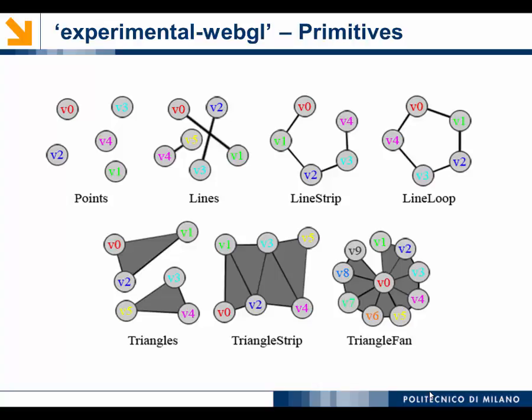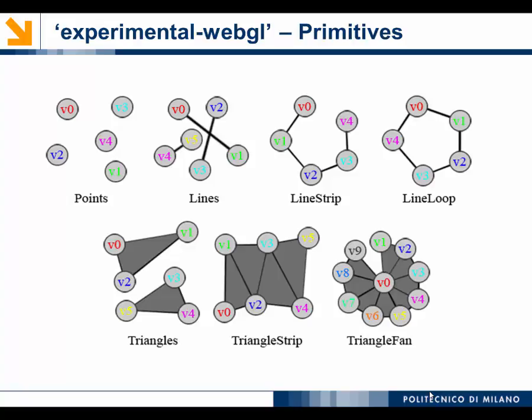So I can obtain, in this case, more lines given a set of vertices. In the first case, I express 6 vertices to obtain just 3 lines. With the line strip, I obtain more lines by simply stating 5 vertices. Line loop closes this range.